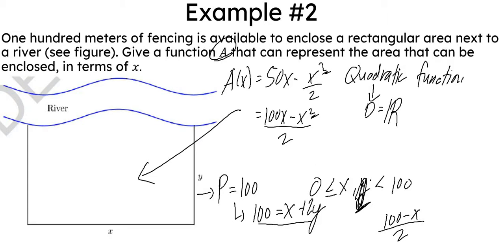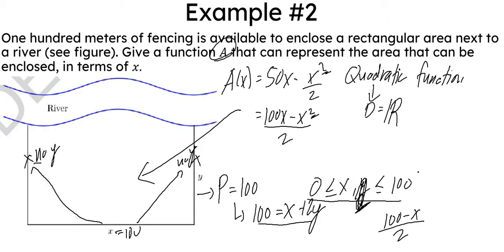So, I could say that my x could be at least, well, technically it can also be exactly 100, but that would give only a length without this one already. If x is 100, no y here. So, technically, I could have 0 up until 100 as my values of x.